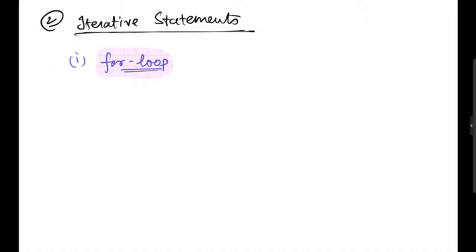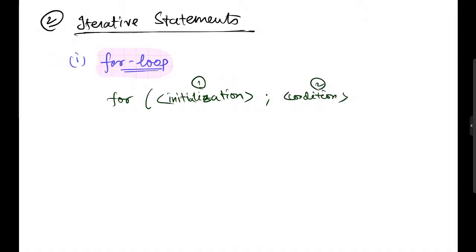Here what you can do is, the syntax goes as follows. You can write for, here there will be an initialization step, and then you can have a condition here, and then you can have an increment or decrement here, and then this loop body.